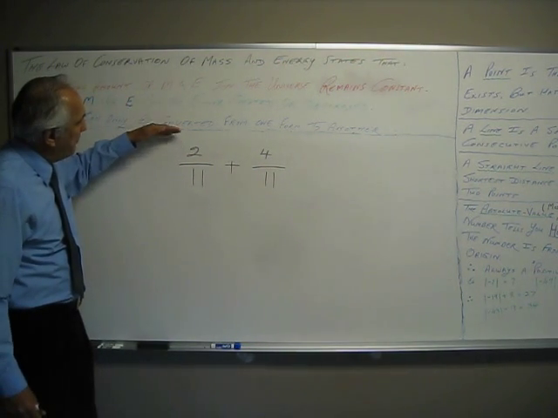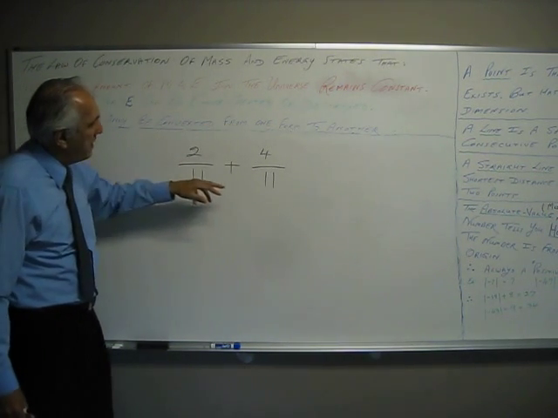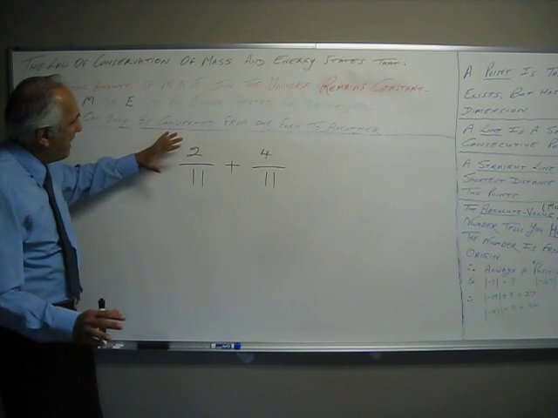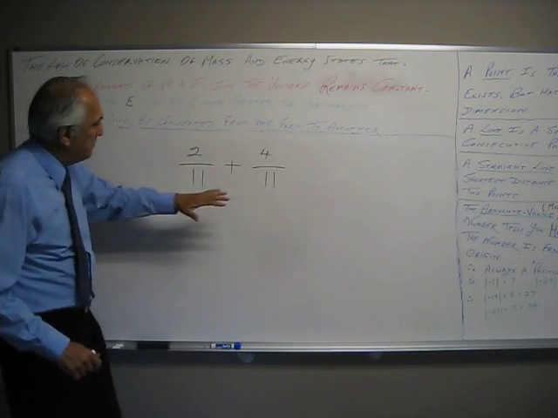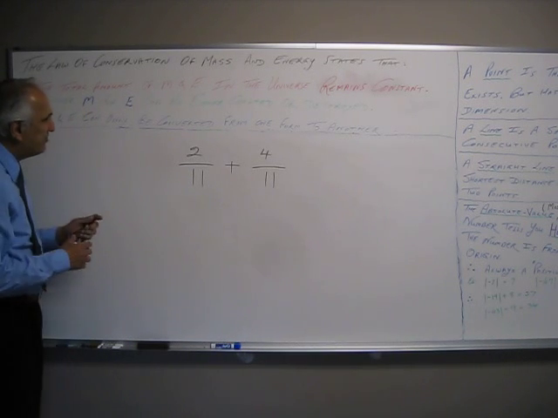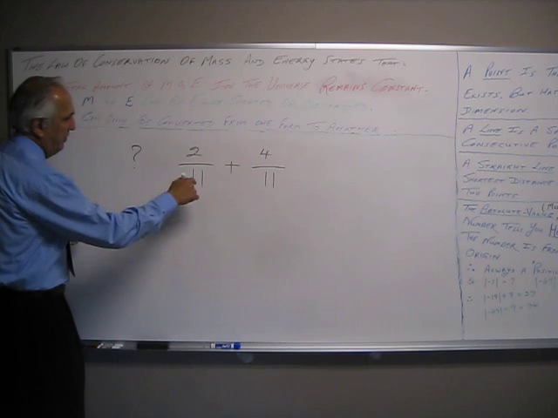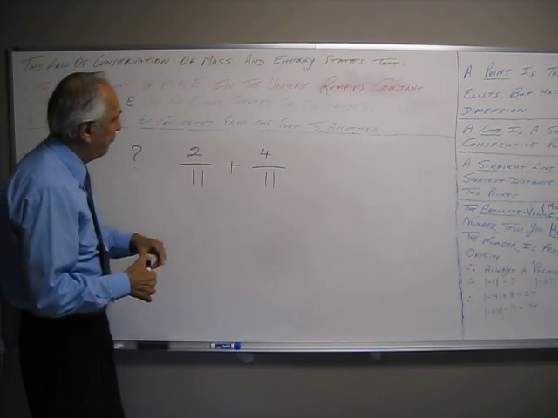The upper numbers are called the numerators, and these numbers are called the denominators. For now, I'll just call it the upper number and the lower number. For right now, I'm keeping the lower numbers the same. So, the question is, what is 2 upon 11 plus 4 upon 11?